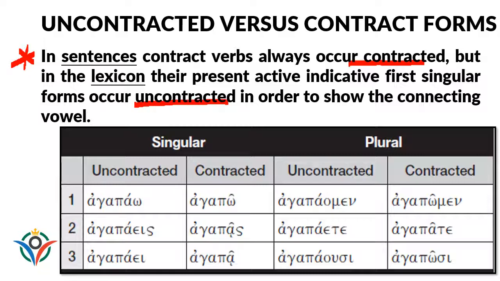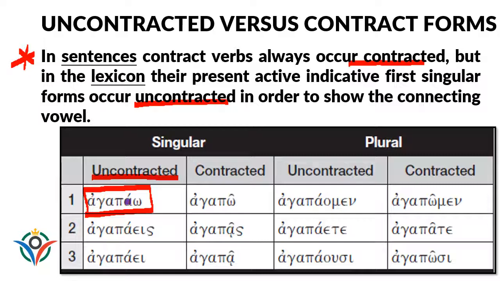Well, in order to show the connecting vowel. So if you have a look at this table here, if we were looking up the word agapao in the lexicon, we would find it in its uncontracted form. So the first person singular in the present active indicative is agapao, and you will see that it will show the connecting vowel, which is the alpha.